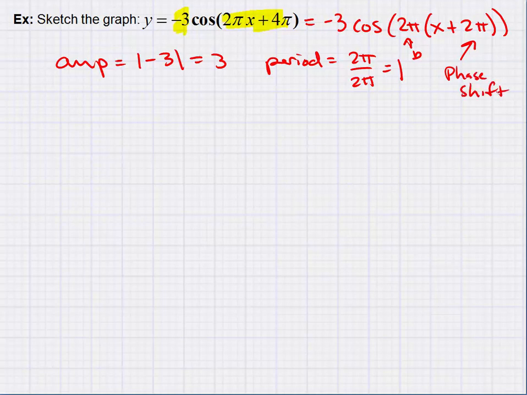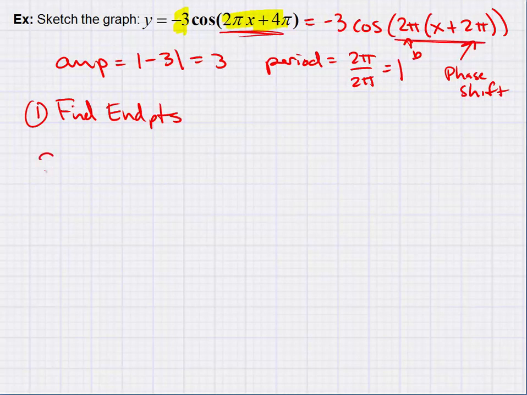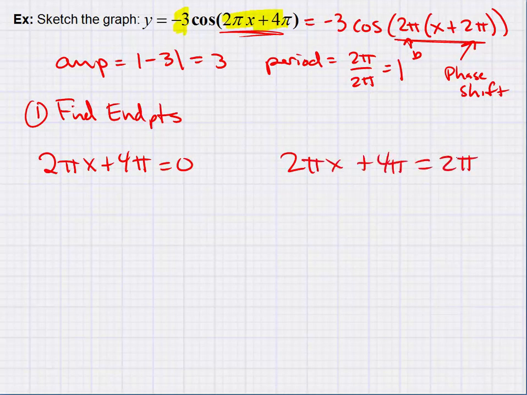Alright, but now I've got to draw this. Best thing to do is first find your endpoints. I do that by taking the inside part. It doesn't matter which way you look at it. Take the inside part, 2πx + 4π, and set it equal to the old endpoints, 0 and 2π, then solve for x.